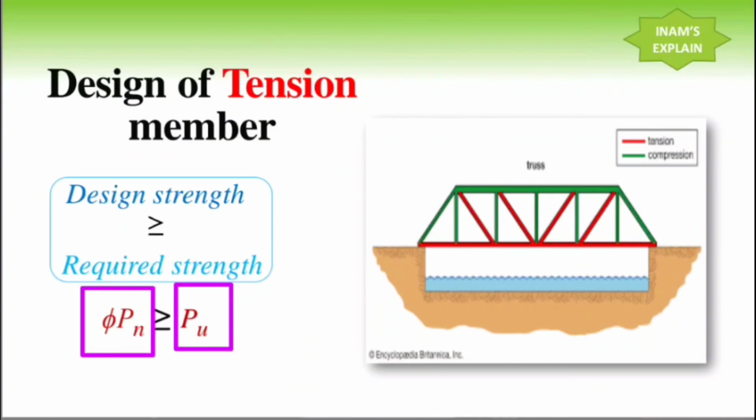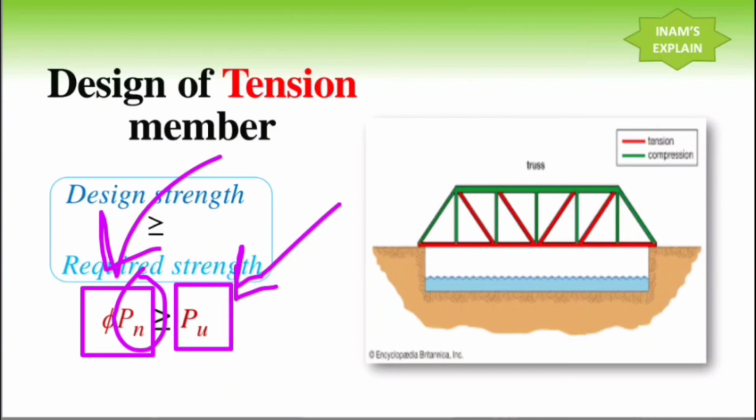So these are the analysis part and this will be the design part, and we are only focusing on this. First we will find the Pn, the nominal strength, for a truss in tension. In the compression video we will find the Pn in compression of a truss member. Remember, this value comes from the analysis part, from Structure Analysis 1 or 2 or from different software.